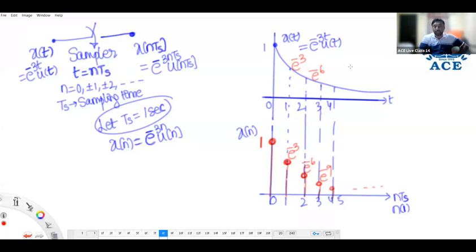What is the difference between x(t) and x of n? x of t is continuous everywhere, but x of n is considered only for integer index. Don't have a wrong thought: x of n is not defined for non-integer values, sir. That is a wrong thought. It is defined, but we are not taking it. As I have provided a gap of 1 second, we got 0, 1, 2, 3. Suppose I assume Ts as 0.5, then n is a multiple of 0.5: 0 into 0.5, 1 into 0.5, 2 into 0.5, like that.